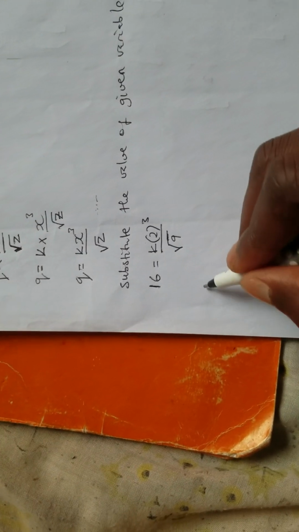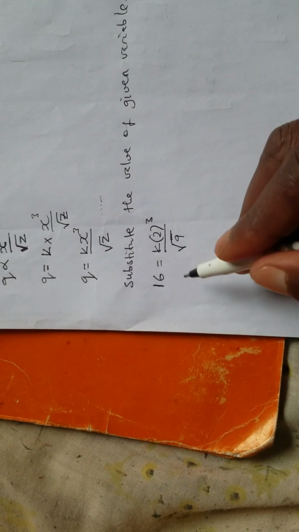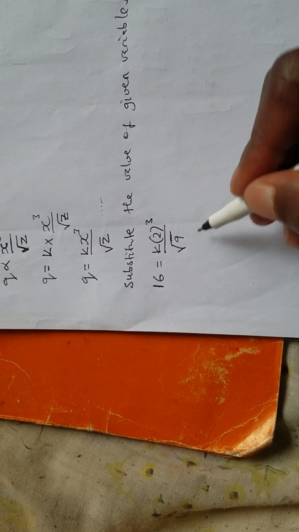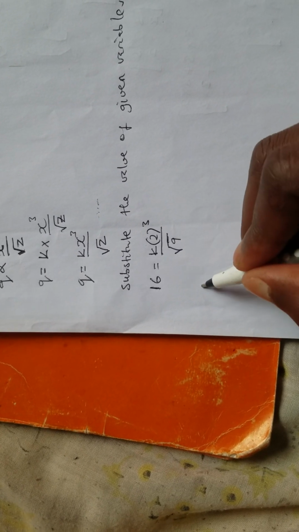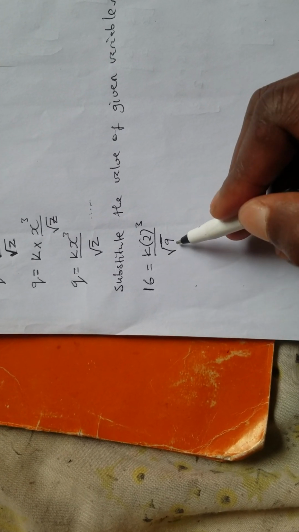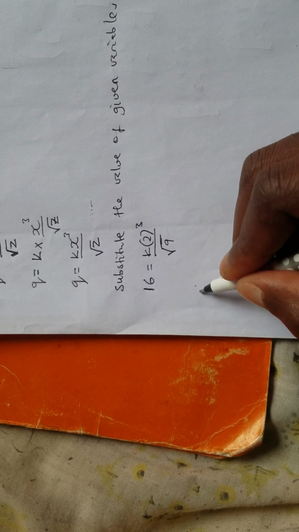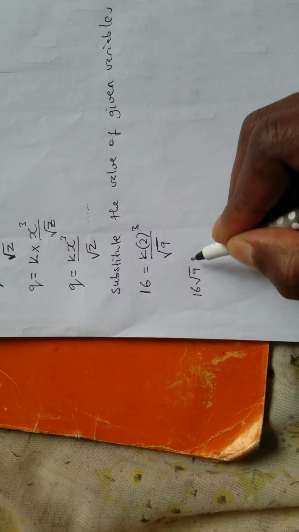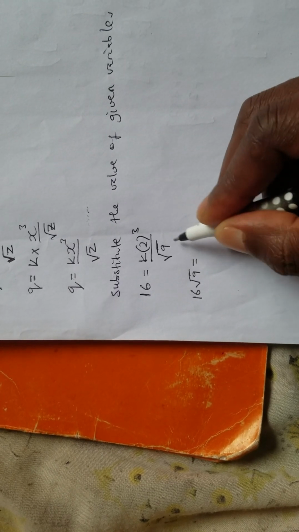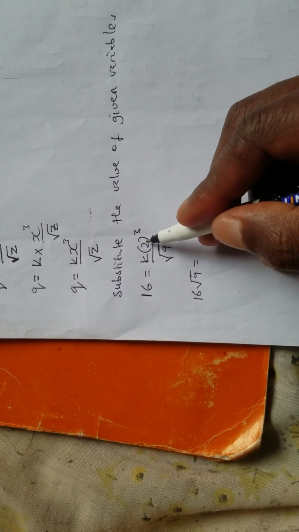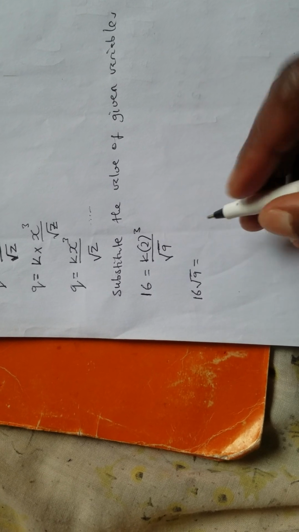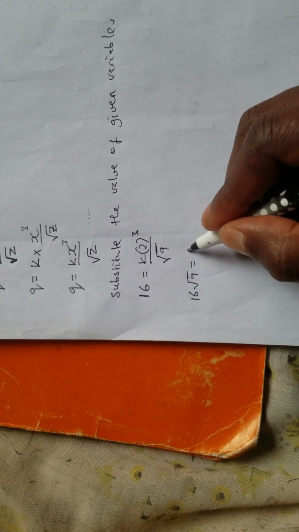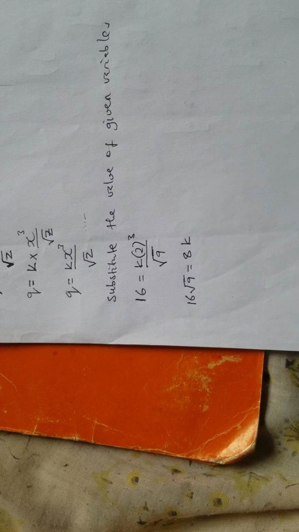Now cross multiply. 16 multiplies with square root of 9, is equal to k times 2 multiplied by 2 multiplied by 2, and you get 8k.